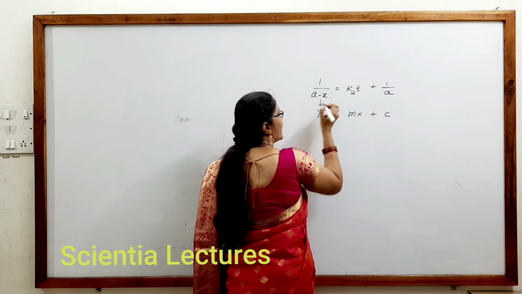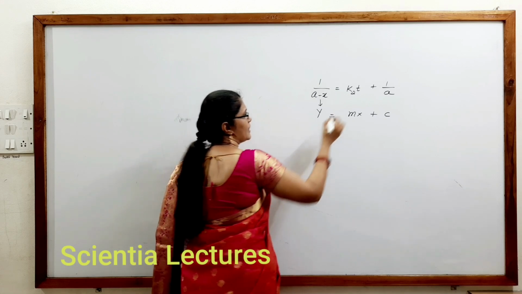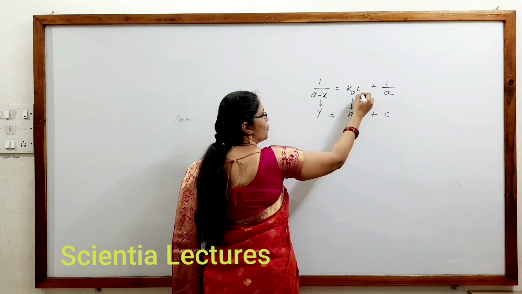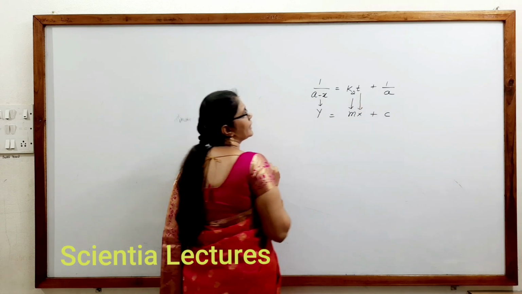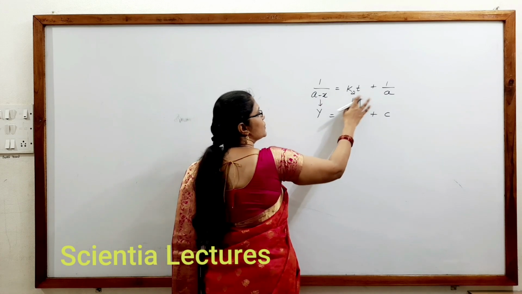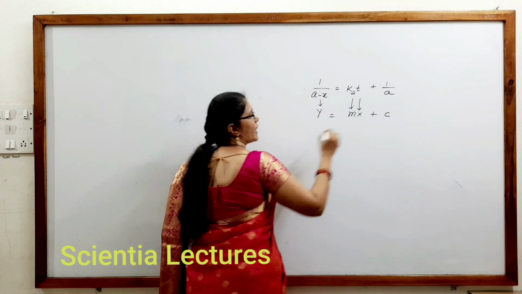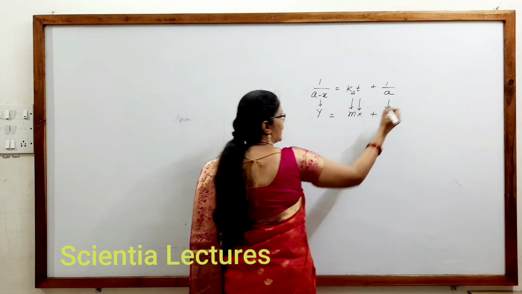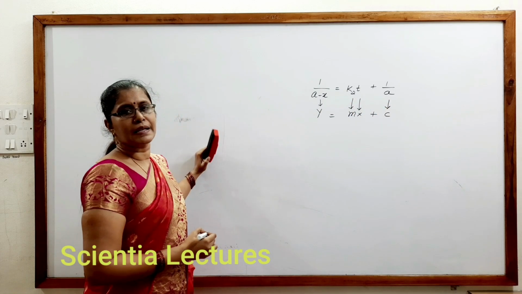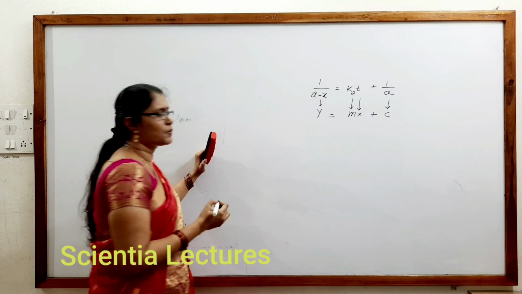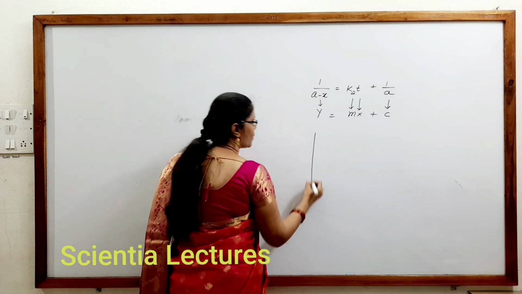What should be taken on the y-axis? 1 by a minus x. What is the slope? K2. What is on the x-axis? t. So on the x-axis we need to take t. What is to be taken as the y-intercept? 1 by a. Then the graph represents a second order reaction, as we have seen yesterday in the graphical method also.